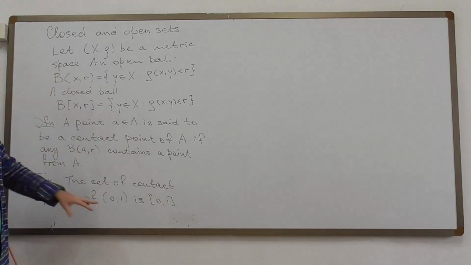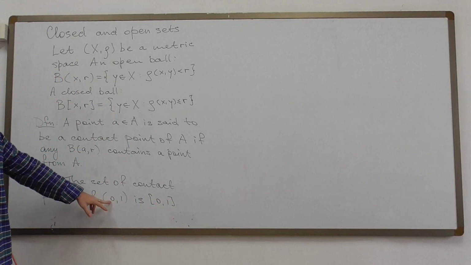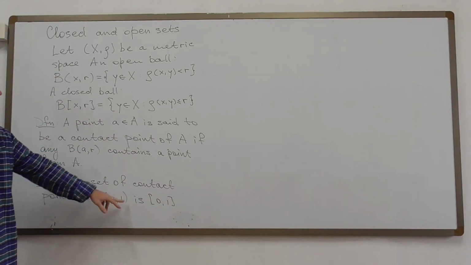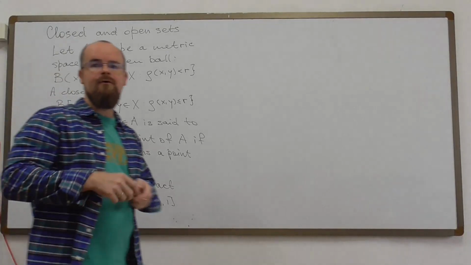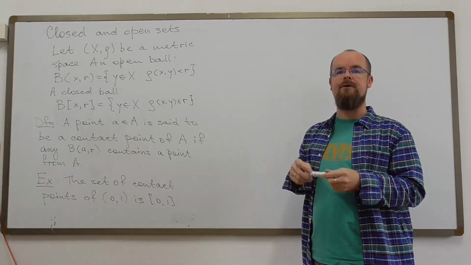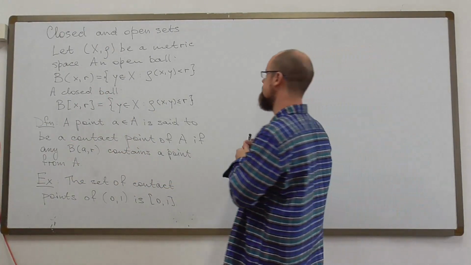Well, it is easy to see that any ball centered at 0 contains some points of the set A, and the same for 1. Using this definition of contact points, we will define the notion of a closure of a set.